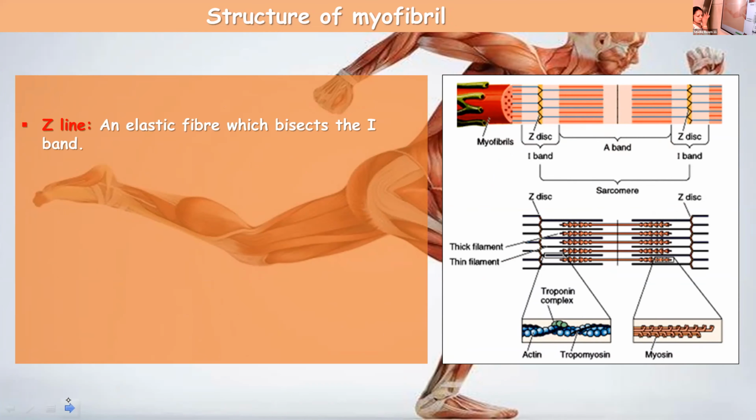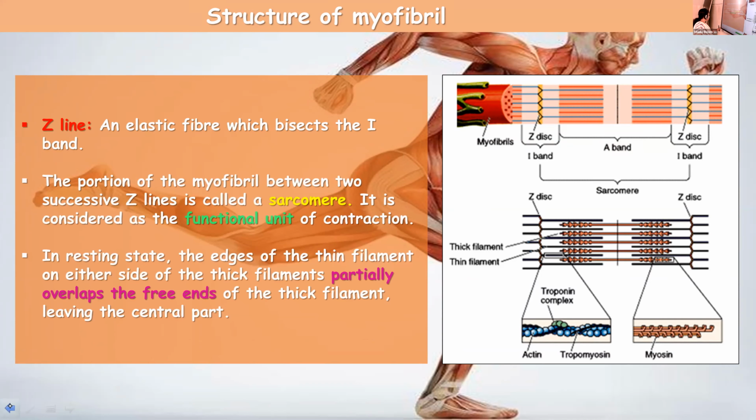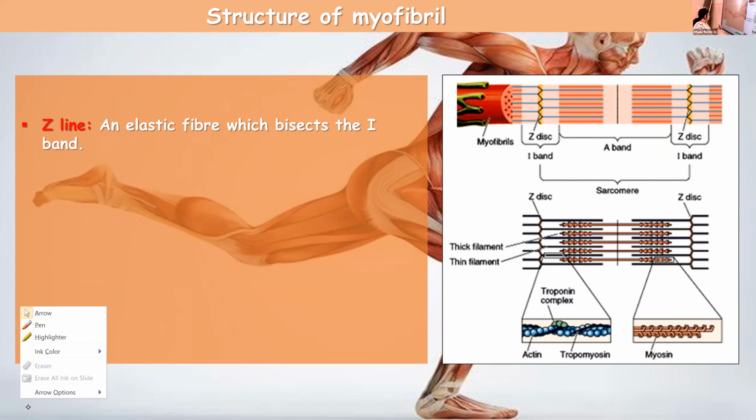Now, just see the figure, and you have a picture given in your textbook also. How are actin and myosin filaments arranged in a myofibril? As you can see in the picture, let me take the pen.